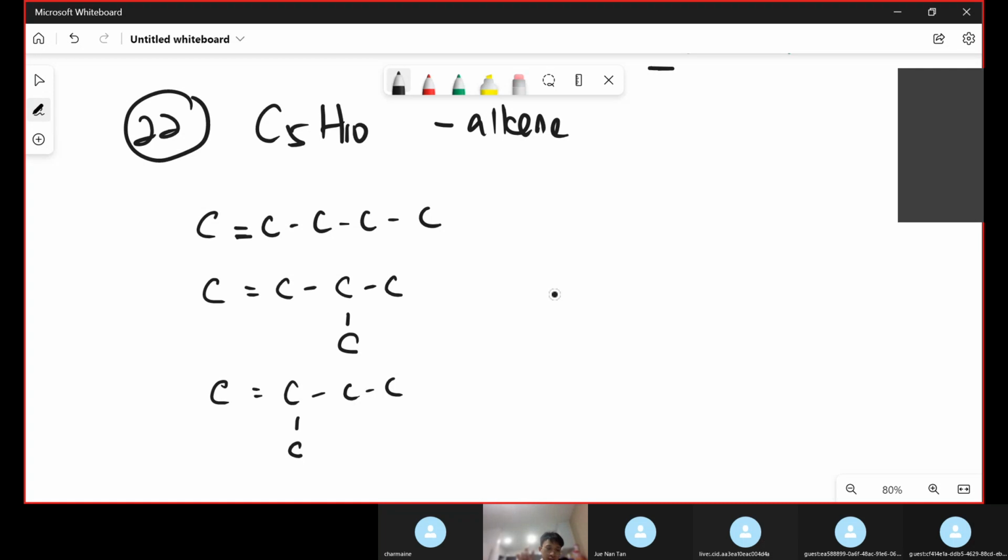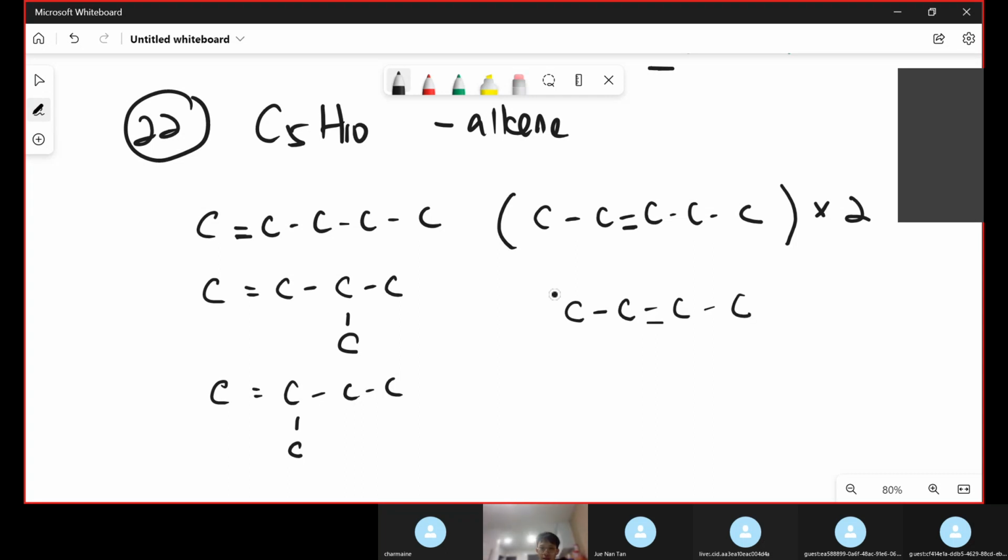Then we move the double bond to the second carbon. Then we have C1, 2, 3, with the double bond here. In this case we will have cis-trans, so we need to consider 2 here: the cis and trans isomers. Then is there any possible branch that can come out? Yes. 1, 2, 3, 4, then the double bond in the middle, with a carbon added here.